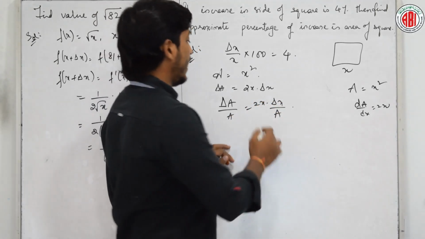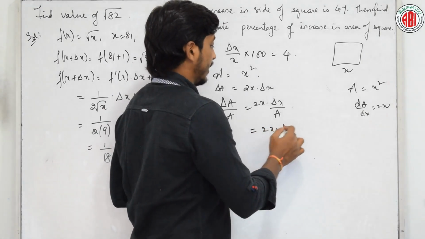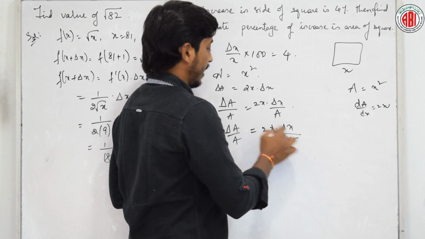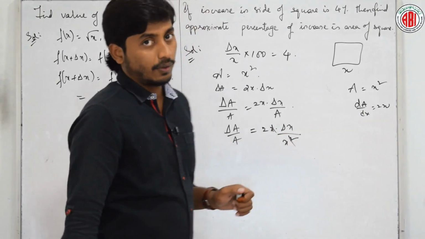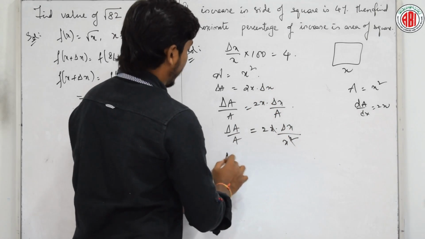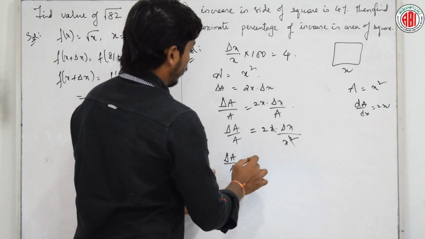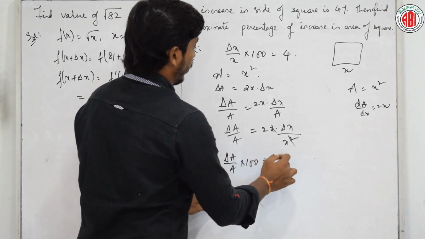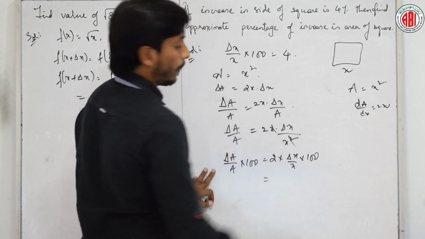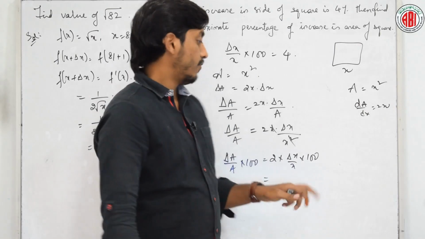Okay. What is A here? 2x del x, A is x square. This is del A by A. x will get cancelled. Okay. I will be left with del A by A equal to 2 del x by x. Let me multiply 100 also, into 100 is equal to 2 into del x by x into 100. Is it fine? What is this?